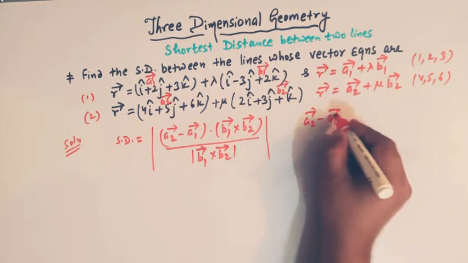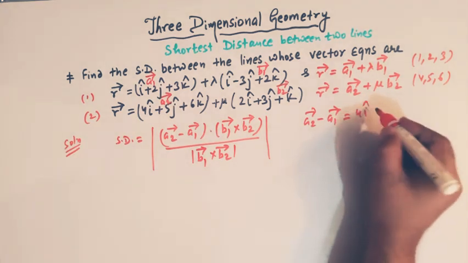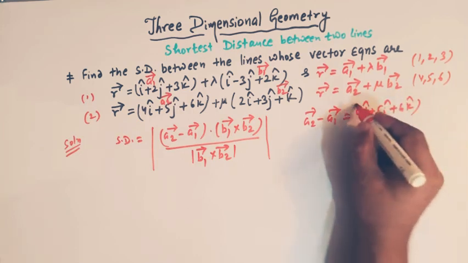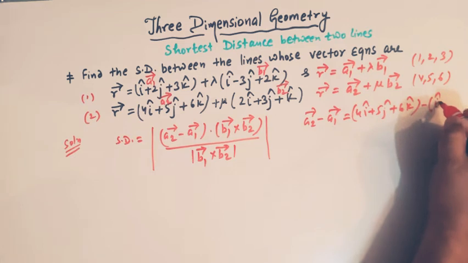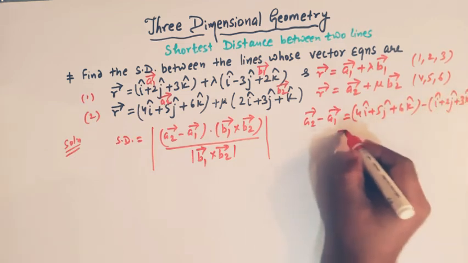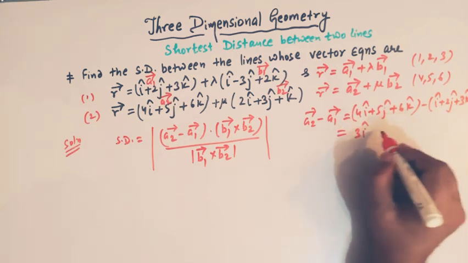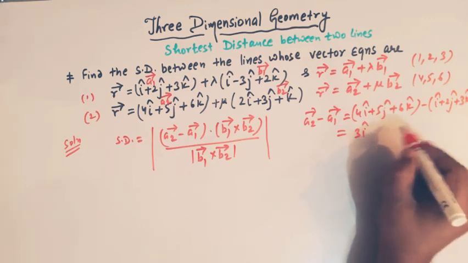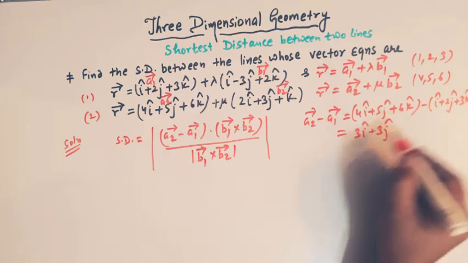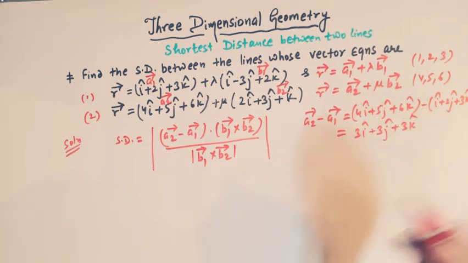So a2 minus a1 is 4i cap plus 5j cap plus 6k cap minus (i cap plus 2j cap plus 3k cap), and this is equal to 3i cap plus, 5 minus 2 is again 3j cap, and we have plus 3k cap, right?